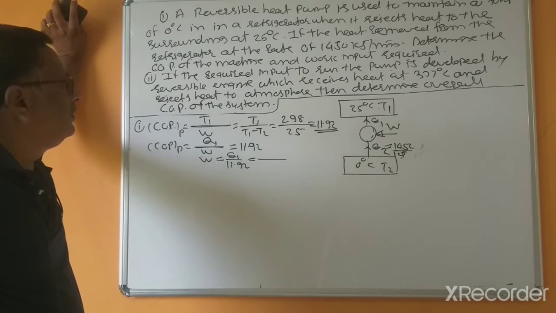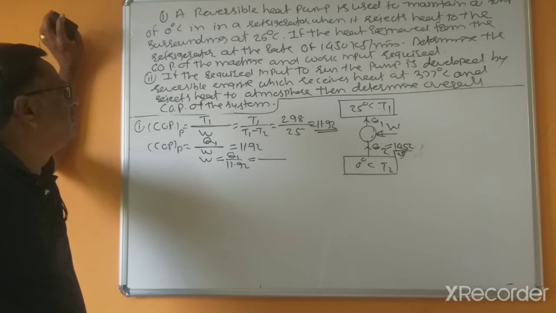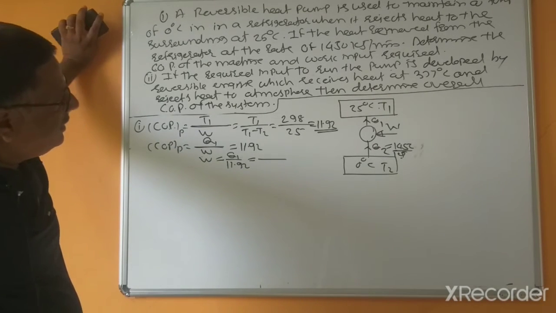Here 2 and 1 is Q2. 11.92, Q1, this is unknown. What can we do here?